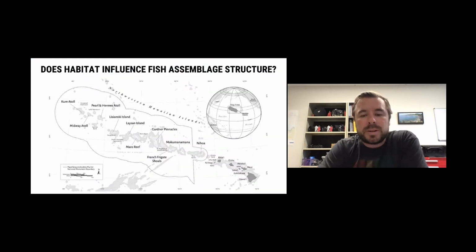So I work very closely with the NOAA Papahanaumokuakea Marine National Monument, and we go up on annual expeditions, typically just under 30 days, and we do as many surveys as we can at as many sites as we can, from Nihoa all the way up to Kure Atoll. And so we wanted to leverage this and ask if habitat influences fish assemblage structure.